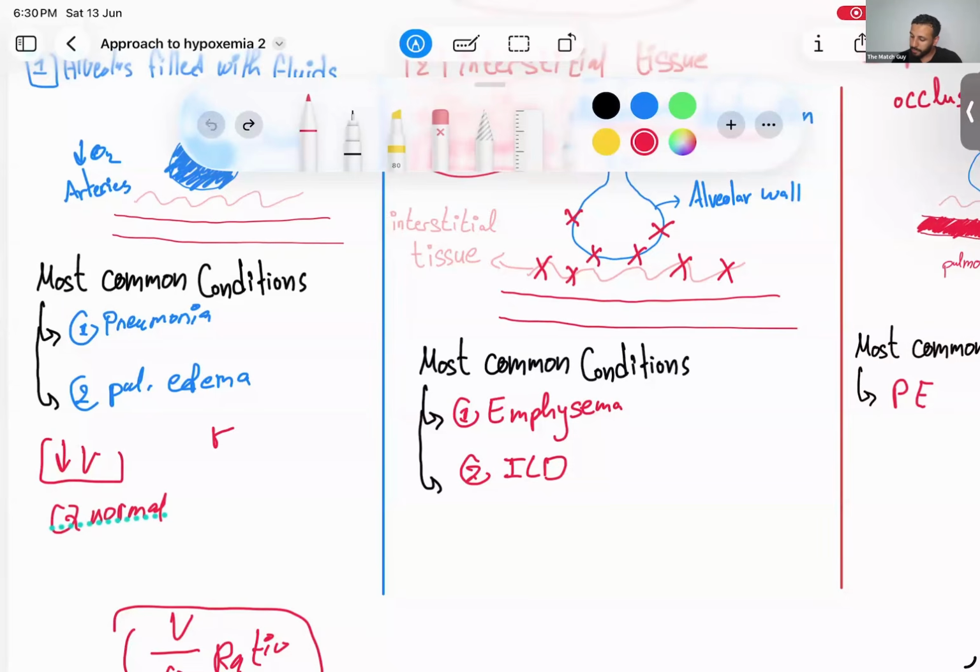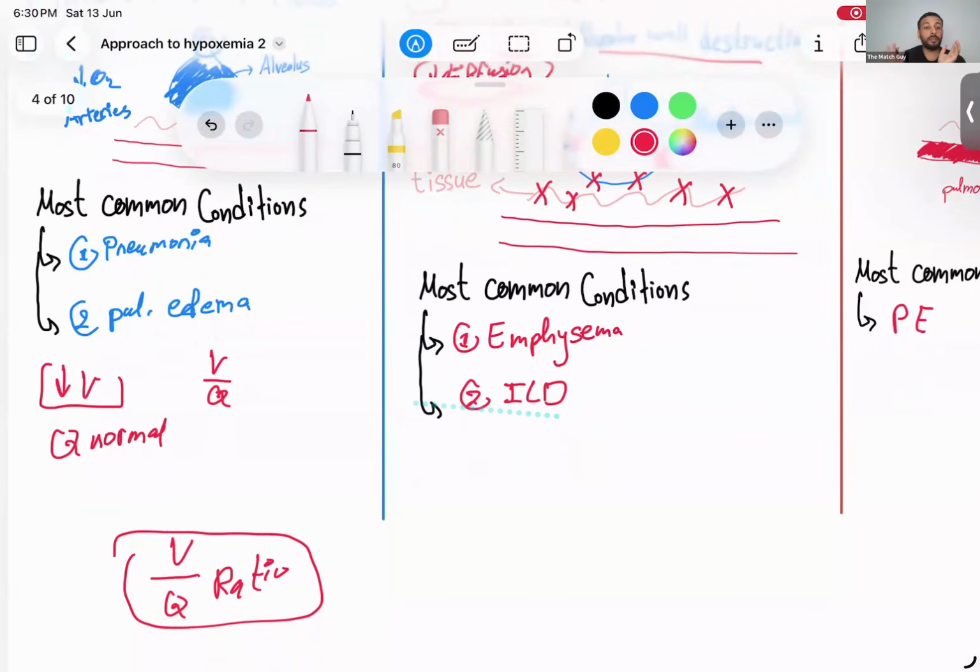Do you know, guys? When the alveolus is filled with fluid, the V is decreased. However, the perfusion or the blood supply is not affected. So there is a decrease in the V and the Q is normal. So the VQ is going to be decreased.